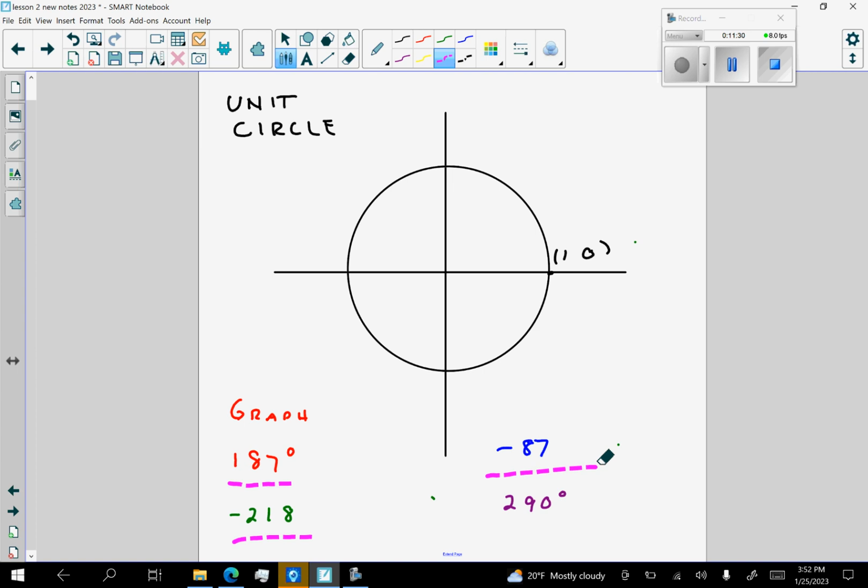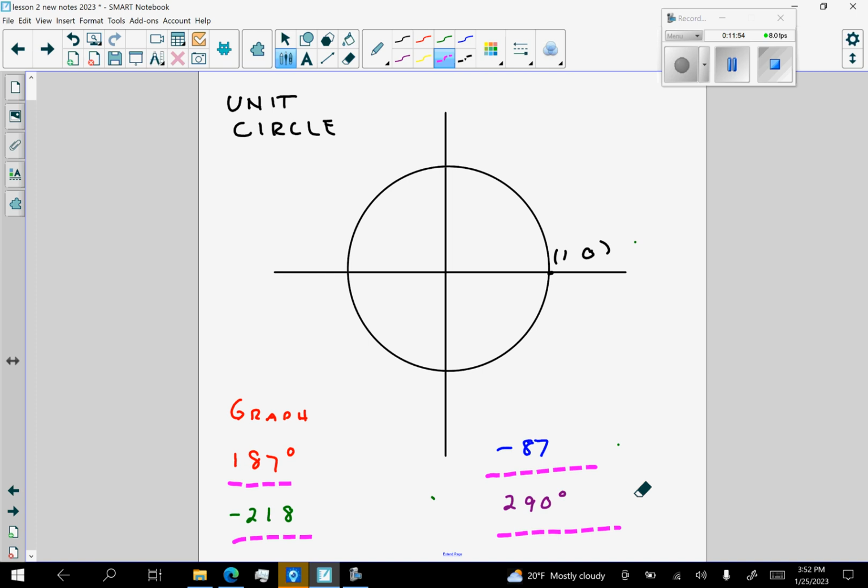Where would negative 87 be? Where would 290 degrees be? If you just take a moment and think about where these would be, I will go over the correct sketch of these particular angles.